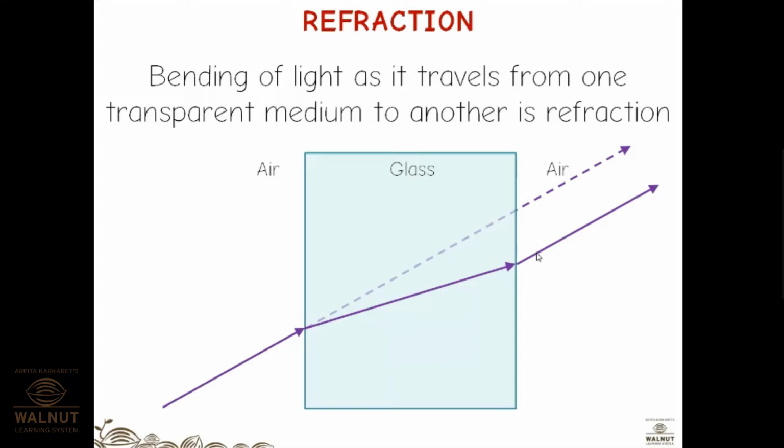Got it? So whenever you try to see through very clear water, whenever you try to see through windows, why are you able to see through the windows, or why are you able to see through the water? Because the light rays are traveling through the medium.